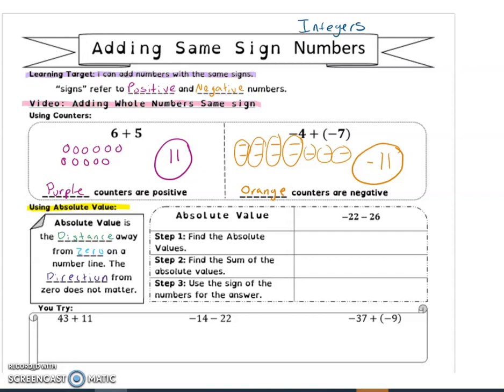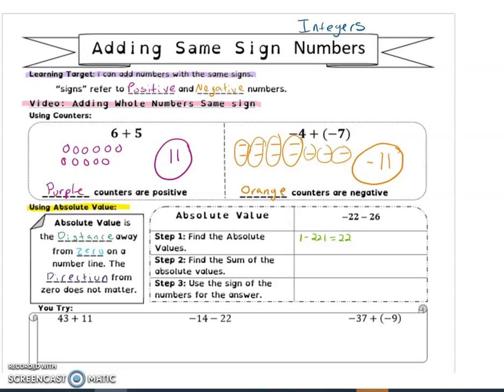So let's try and solve this problem using absolute value. Step 1 tells us to find the absolute values of both of these numbers. So we take the absolute value of -22. So -22 is how many numbers away from 0? If we were to count from 0 to 22, it is exactly 22 numbers away from 0.